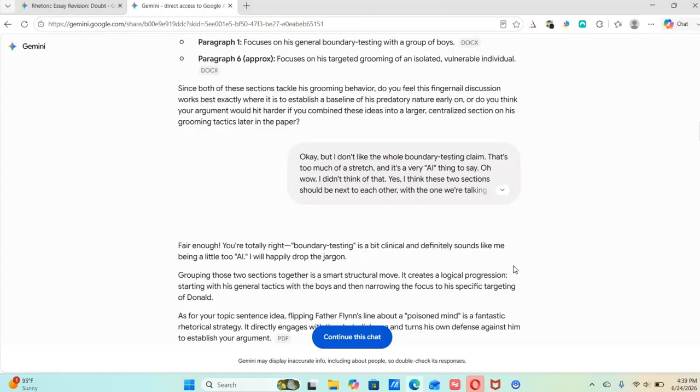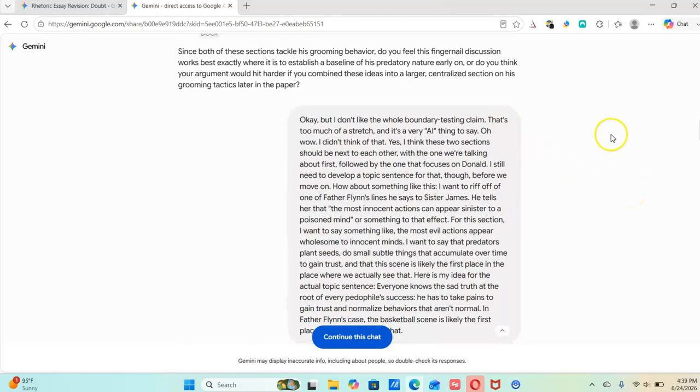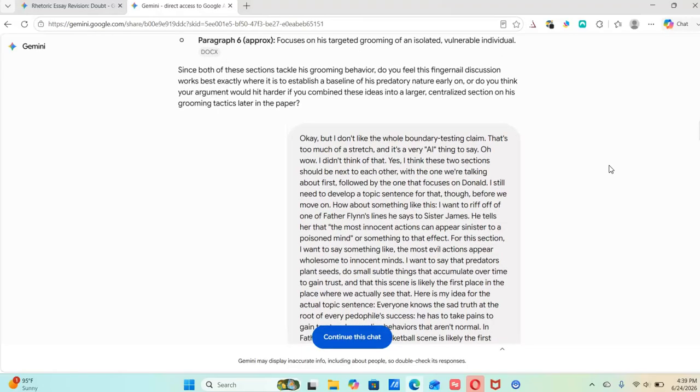And I don't even have to make decisions in the moment of the conversation, but I do have to be mentally present. I also have to know when to push back, because when it was validating the claim, it said, oh yeah, the whole boundary testing thing with Father Flynn is a good point to have. And I said, okay, but I don't like that phrasing, because that's a very AI thing to say, the boundary.